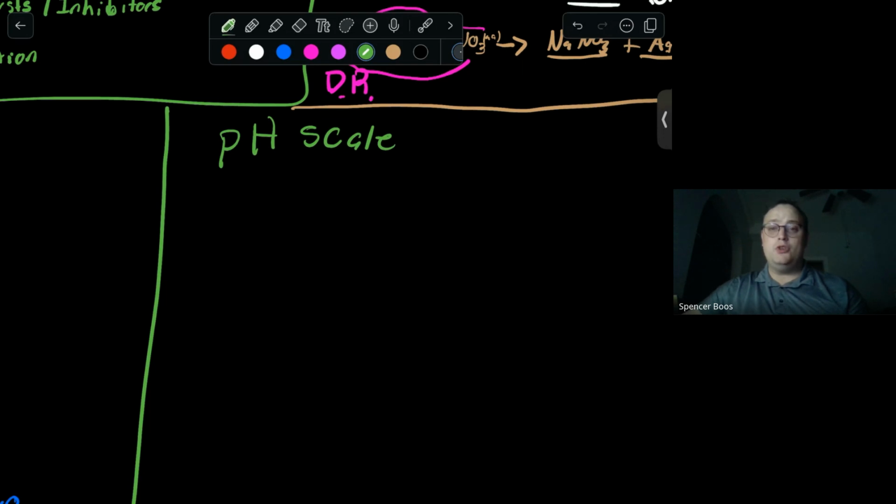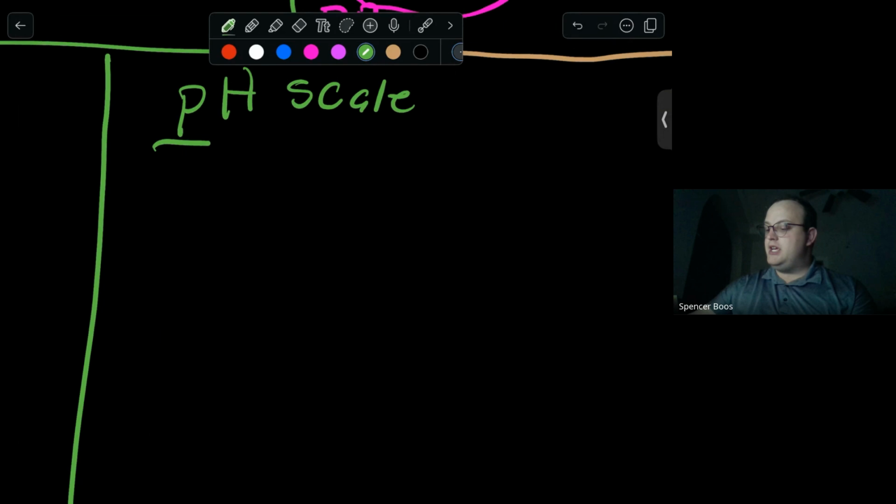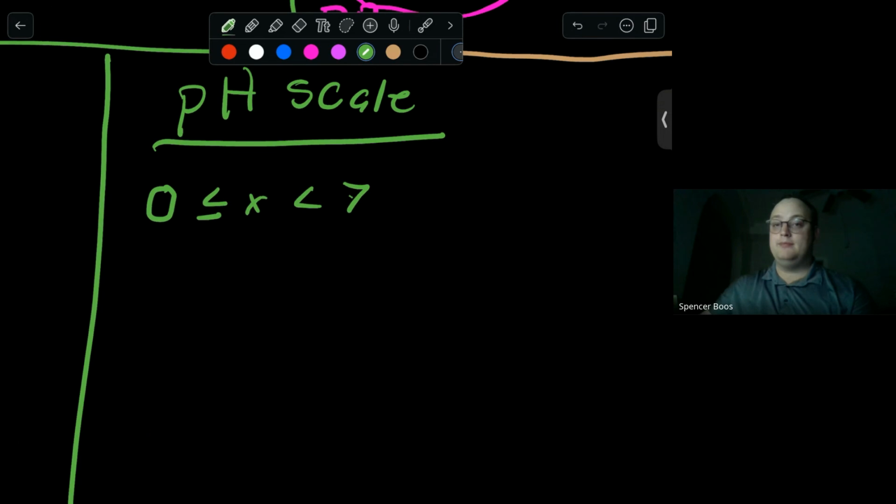Once you get them to pH or pOH, now we can determine if it's an acid or if it's a base. Observe. Let's say for your pH scale, if anything is between 0 and 7, it is an acid. So if it's below 7, it is an acid.